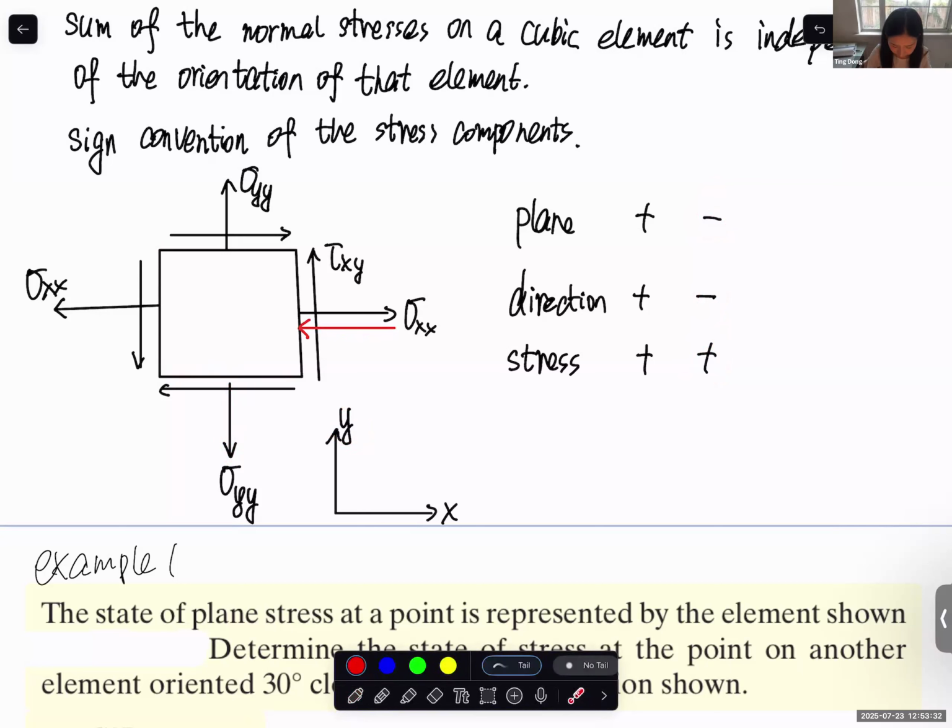So basically, if we have this one, this becomes on the positive x plane, but pointing towards the negative x direction. So now these stress components, if pointing in this direction, should have a negative sign for the stress. So basically, if we have the positive plane in the negative direction, it should be negative.